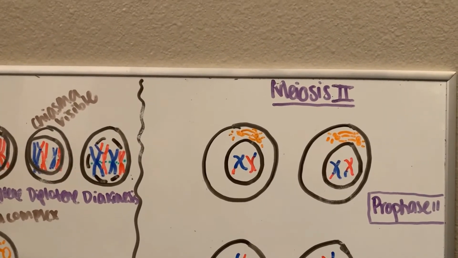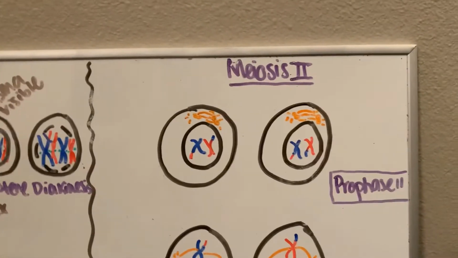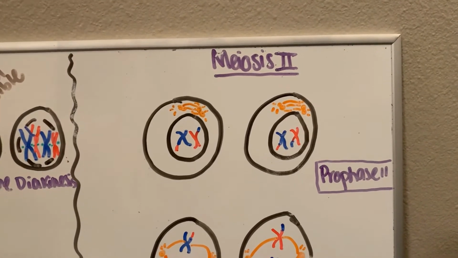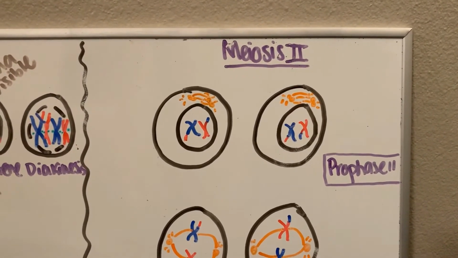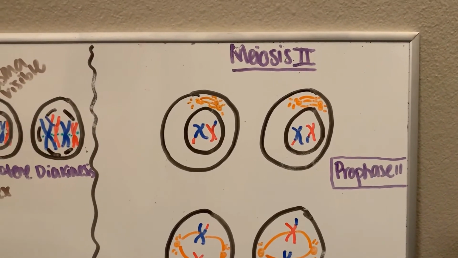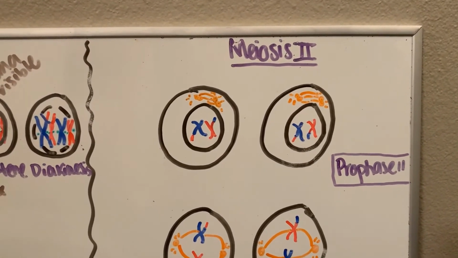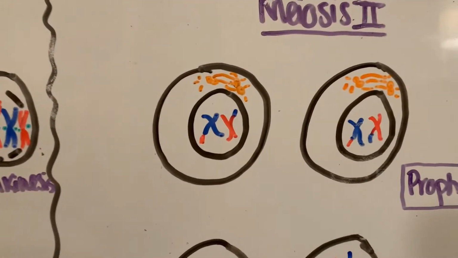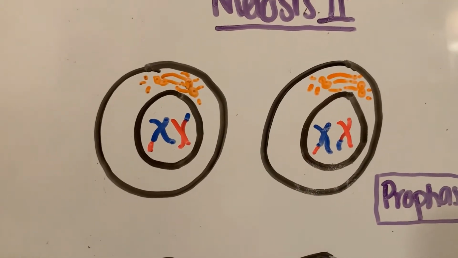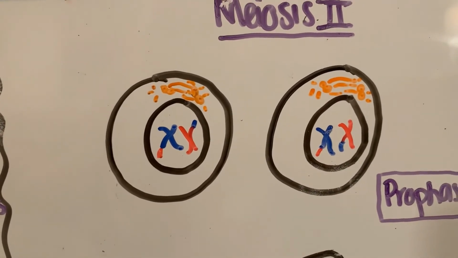So in prophase 2, it's very brief and much like the mitotic prophase. The only difference is there's obviously different combinations of maternal and paternal DNA.